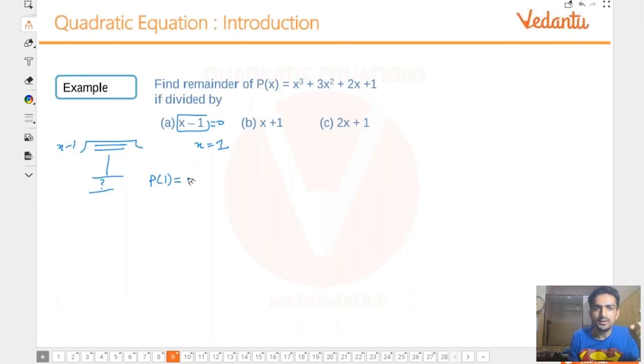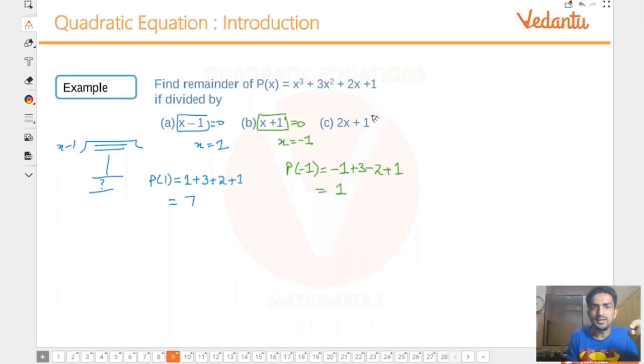It comes out to be 1 plus 3 plus 2 plus 1. Very good, guys. So the answer is 7. B part. You just put this equal to 0. Whatever x you get, the value of p at that x is your remainder. It comes out to be -1 plus 3 minus 2 plus 1. So this is 1.